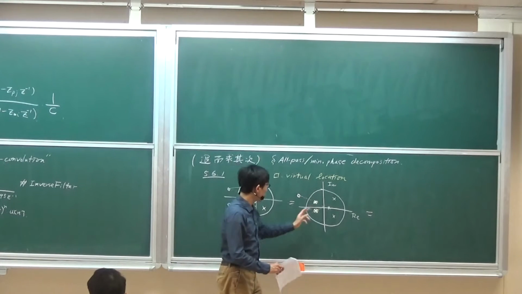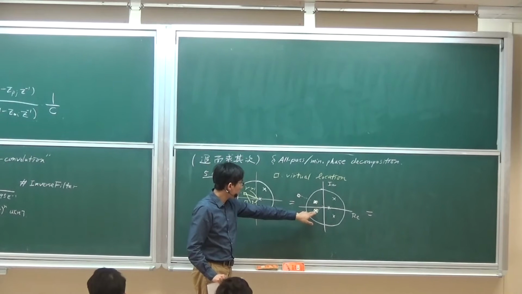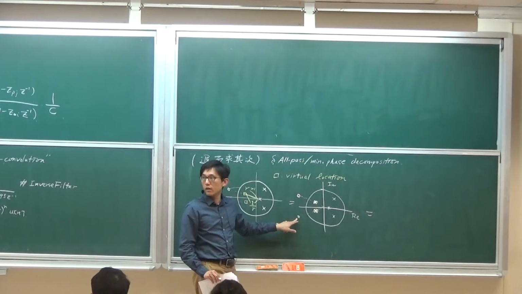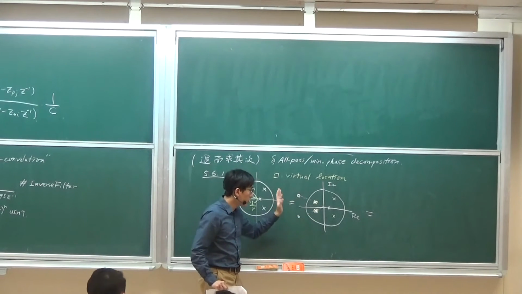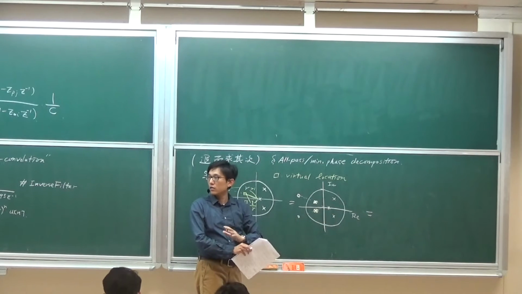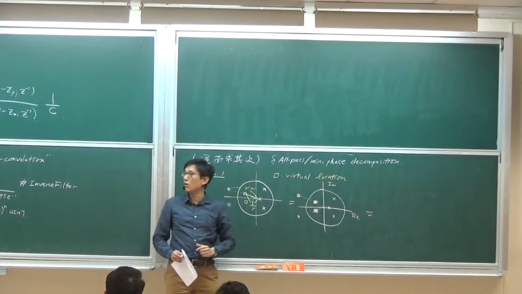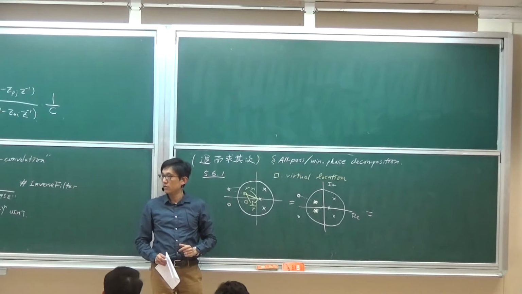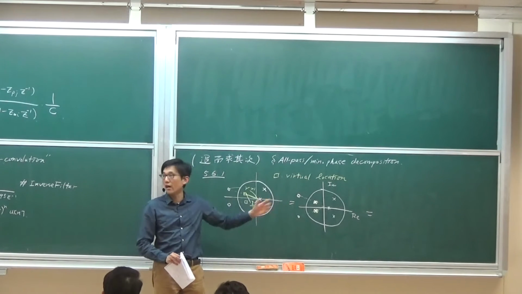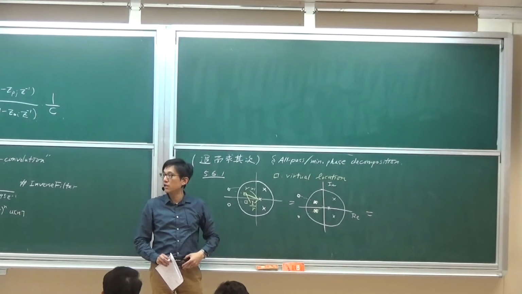Then we assign the pole to pair with the outside zeros and leave the virtual zero and everything else together as the other part. And thus we finish the all-pass minimum phase decomposition. This is the idea of all-pass minimum phase decomposition.